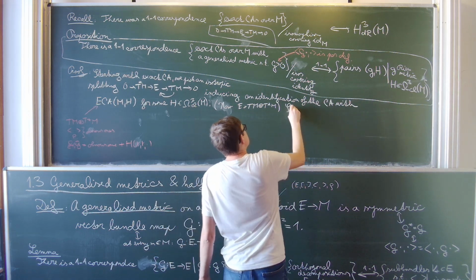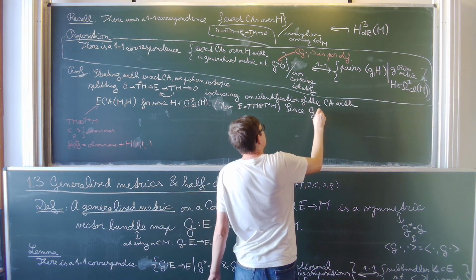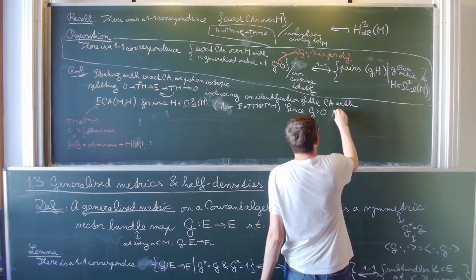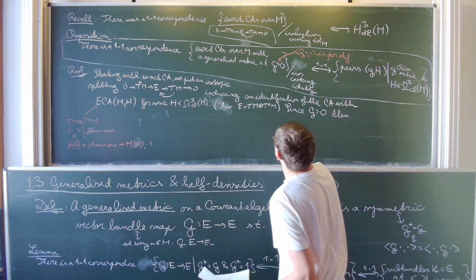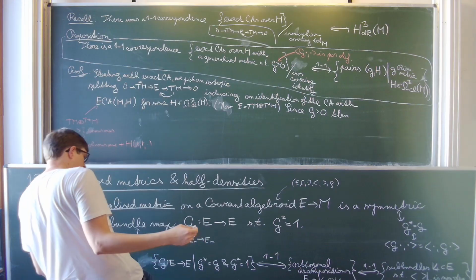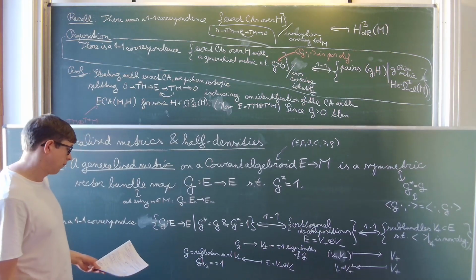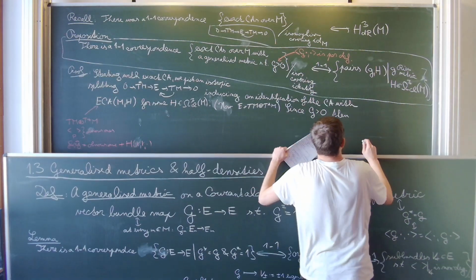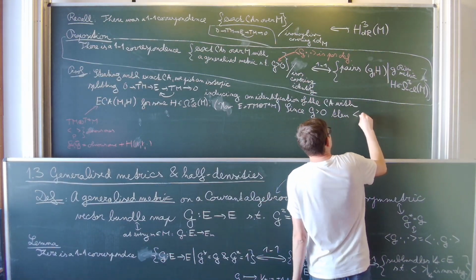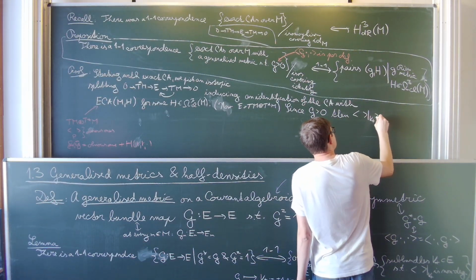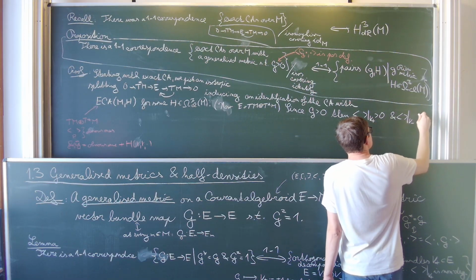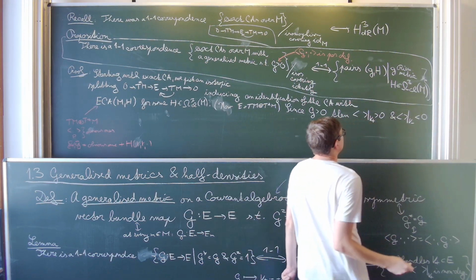Okay. So now, since we assume that G was positive, if you think about what it means, for instance, using this, it claims that the inner product on B plus is positive definite, and the inner product induced on B minus is negative definite.